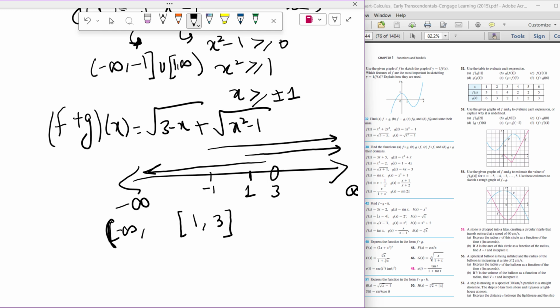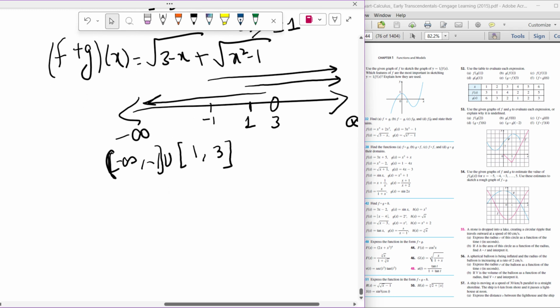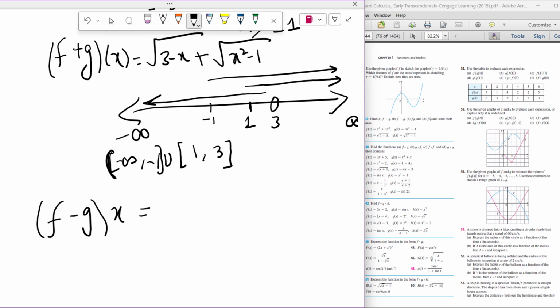So this is basically the intersection of the domains of f and g. Similarly, if I find f minus g of x, again the domain will remain the same, from minus infinity to minus 1 and then 1 to 3.